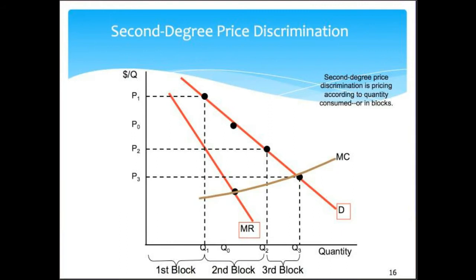So think of it as there's really 3 blocks of revenue. There are 3 rectangles under the first block, there are 2 rectangles under the second block, and there is 1 rectangle under the third block. Add up all 6 of those rectangles, and that gives you Starbucks' total revenue. Now, is that less revenue than there is under perfect price discrimination?